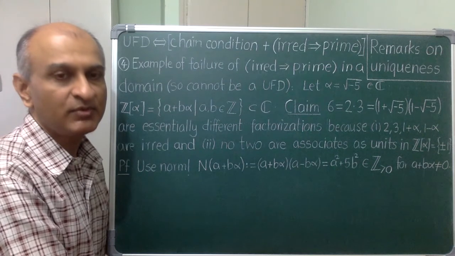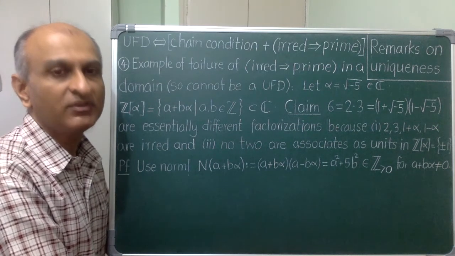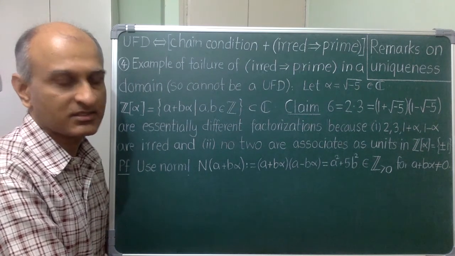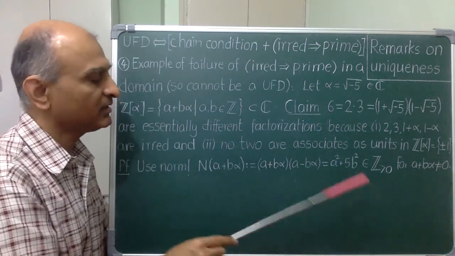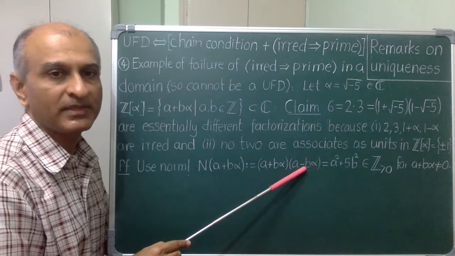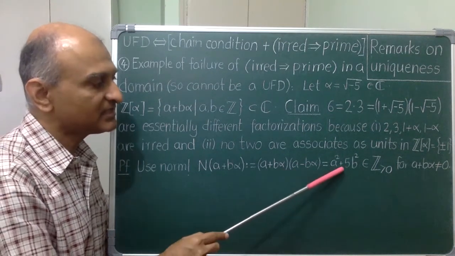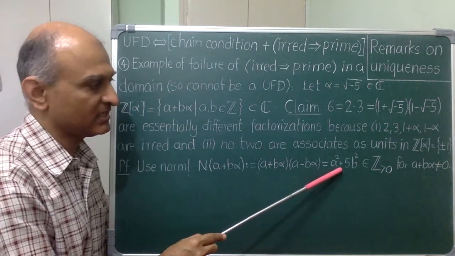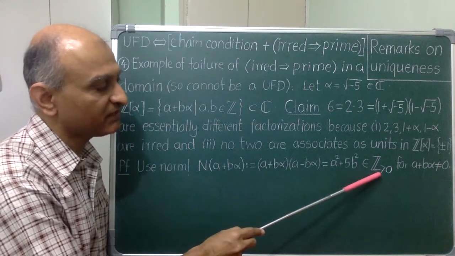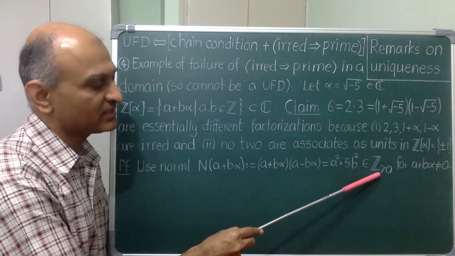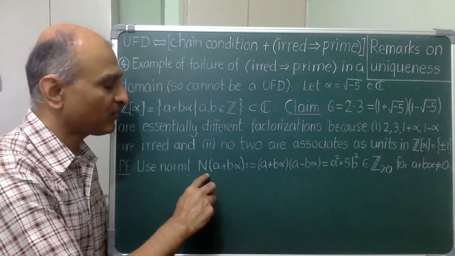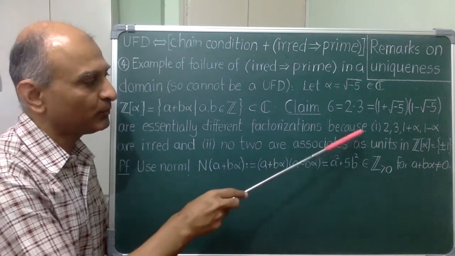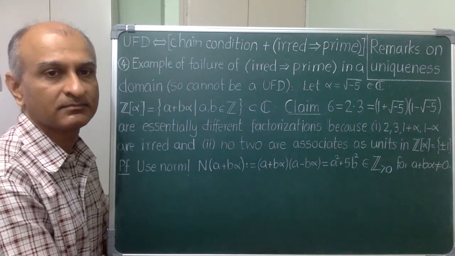I use the same tool as before when I found the units inside Gaussian integers. The norm of a complex number is obtained by multiplying it by its complex conjugate. I get this expression for this ring here, which is a strictly positive integer as soon as I start with something non-zero. See if you can use a standard property of the norm to prove these two claims.